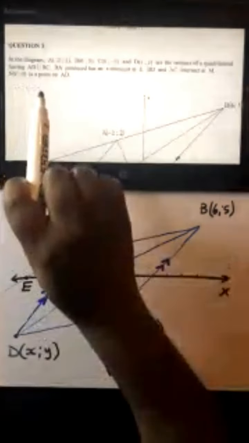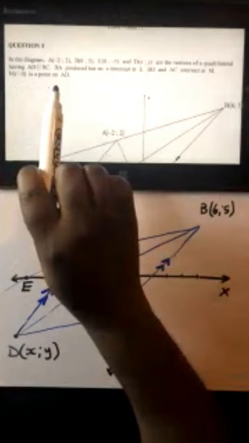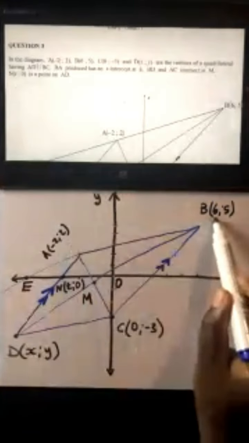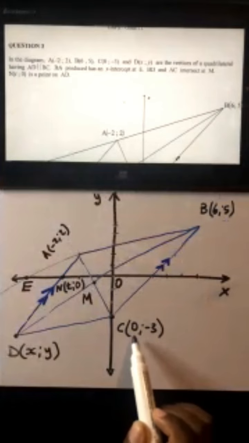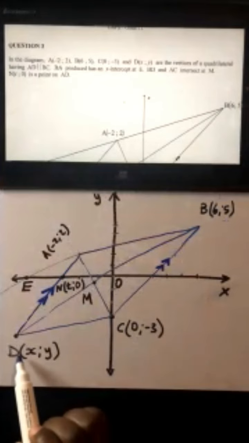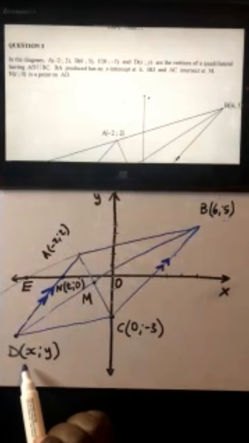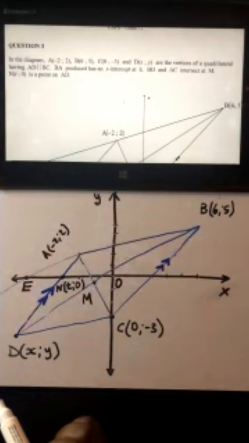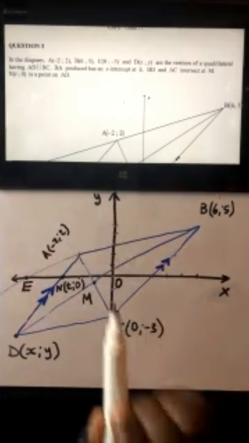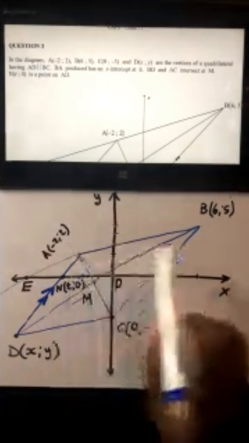Okay, so in the diagram, A is (-2, 2), there is B, which is (6, 5), there we've got C, which is (0, -3), there we've got D, which is (x, y). They said these are the vertices of a quadrilateral.